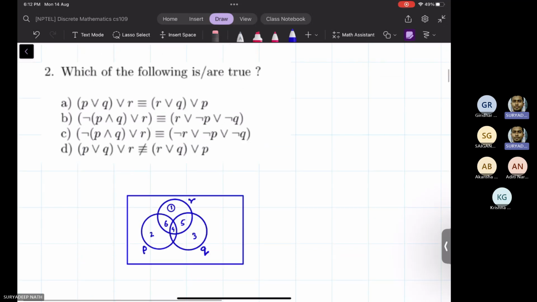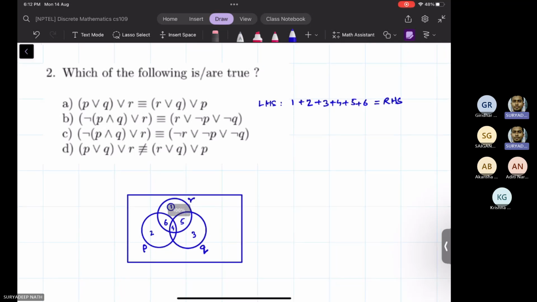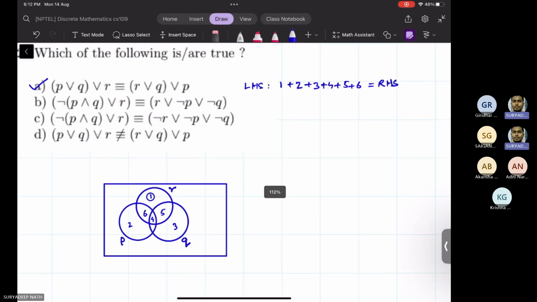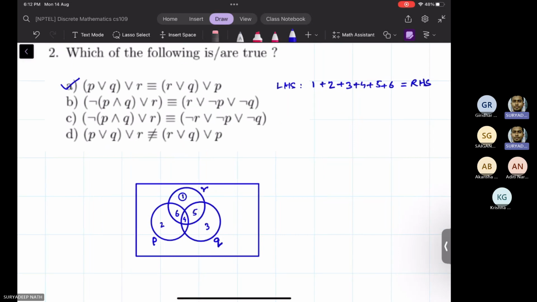The left hand side of A is 1 plus 2 plus 3 plus 4 plus 5 plus 6. And the RHS is again the same. R or Q would be the union of R and Q, and if you do OR with P, it would be again the same thing. So, A is correct, as you say, by Venn diagram. Can you say about B, how B is correct?